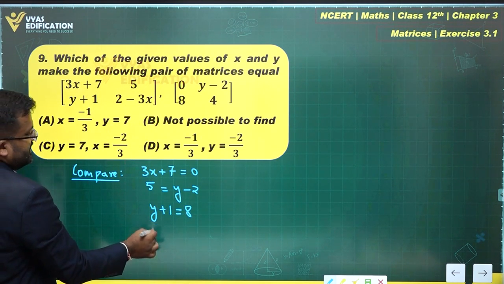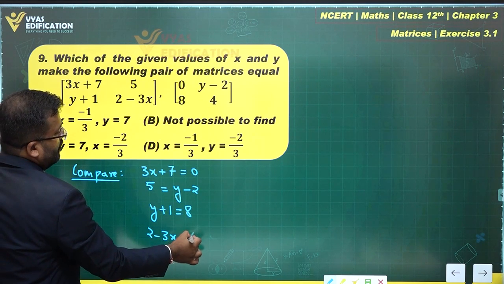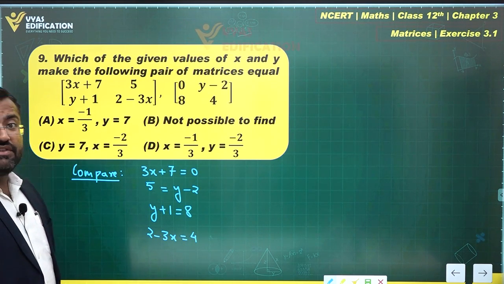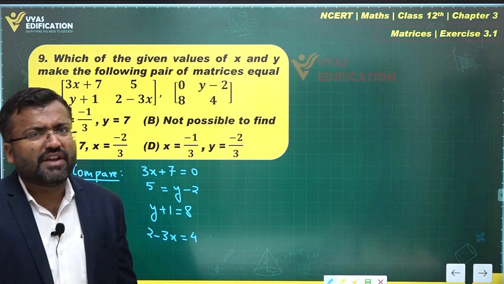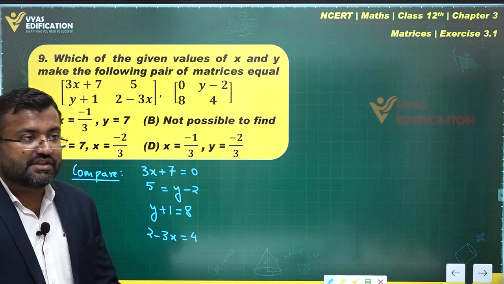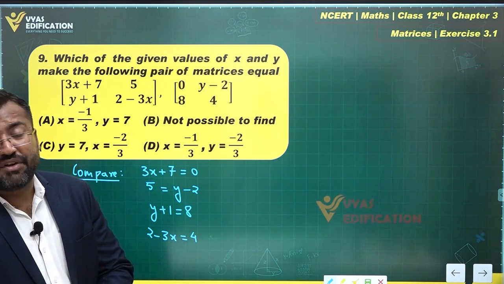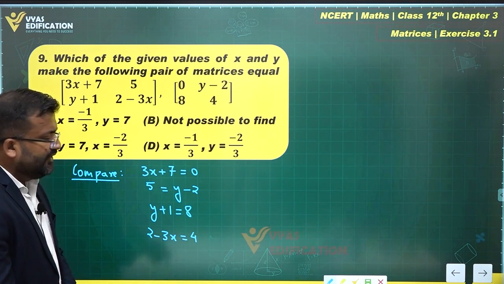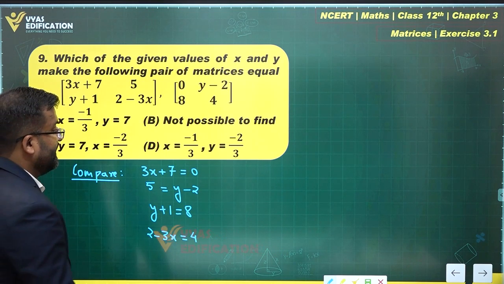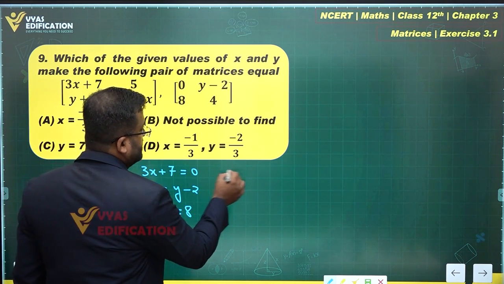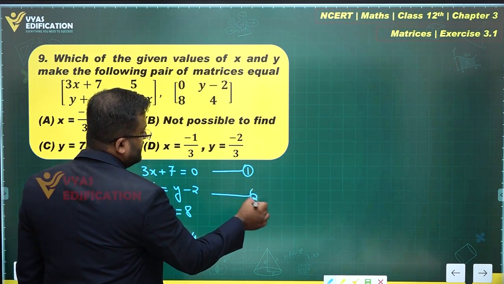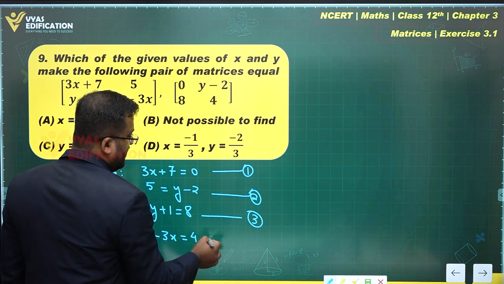And 2 minus 3x should be equal to 4. There are 4 equations that we are getting, but variables are only 2. There are extra equations, so there is a chance of inconsistency between these equations. So we'll have to solve for x and y and check whether we are getting the same values or different values. This is equation number 1, equation number 2, 3 and 4.